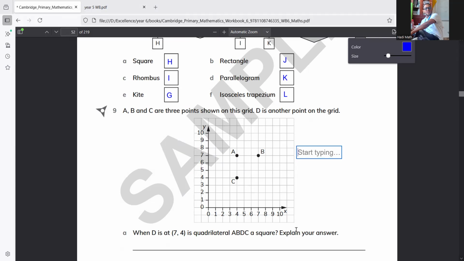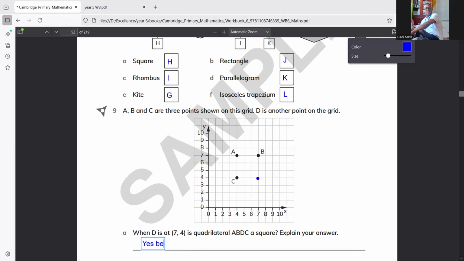Explain your answer. When you say it's on 7 and 4, 7 and 4 is over here. This is 7 and 4. Then they say the quadrilateral is a square. You said yes.